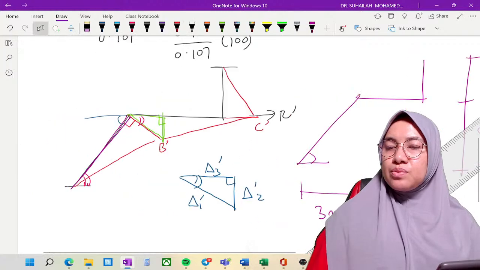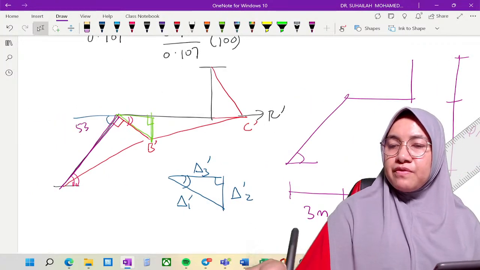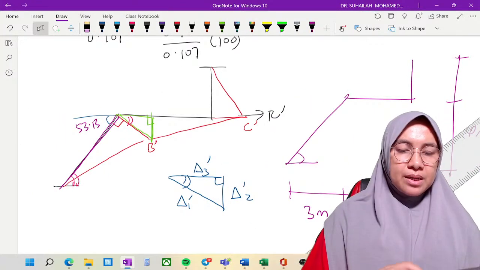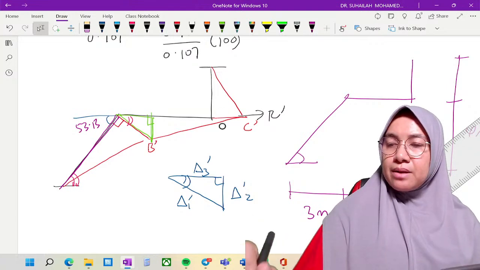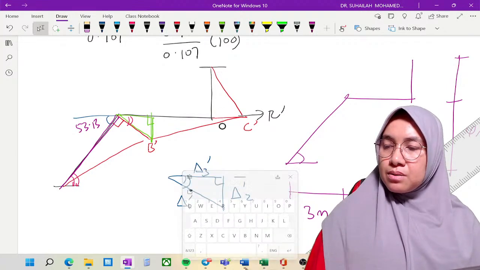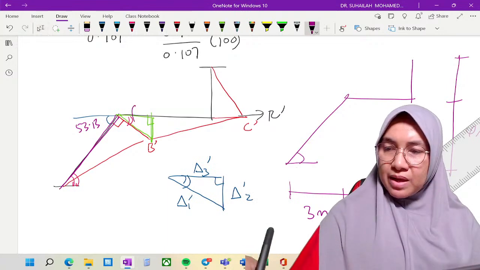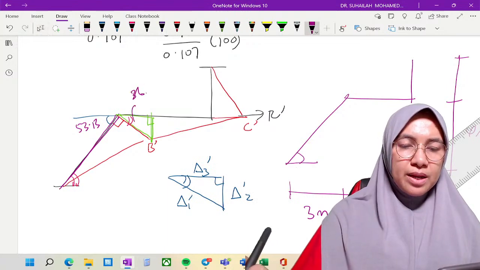So this will be 53.13 minus 90. So we get this value as 36.87.